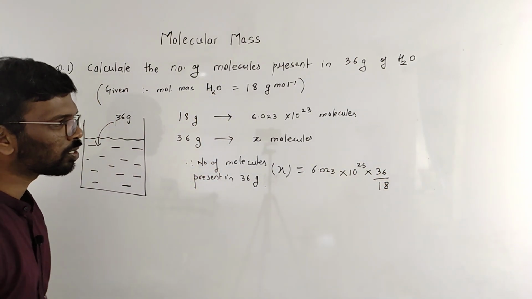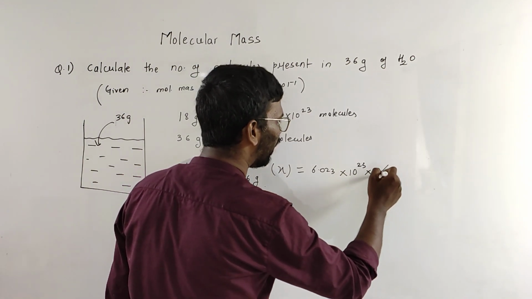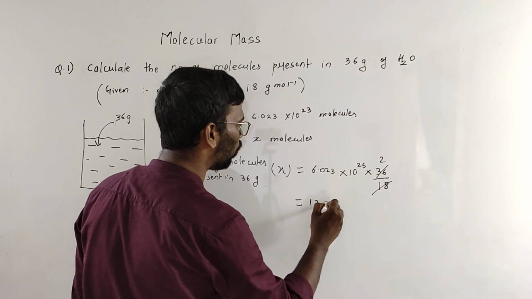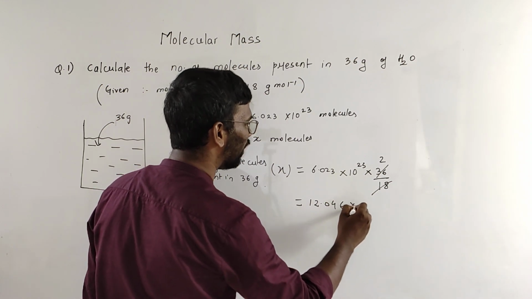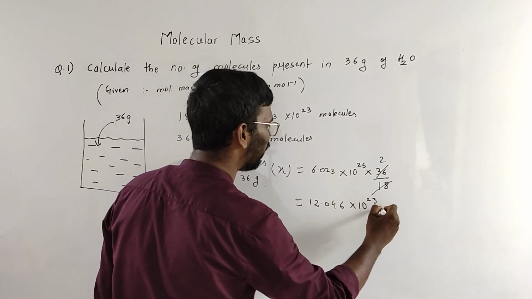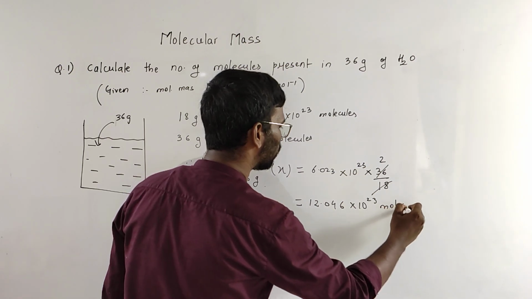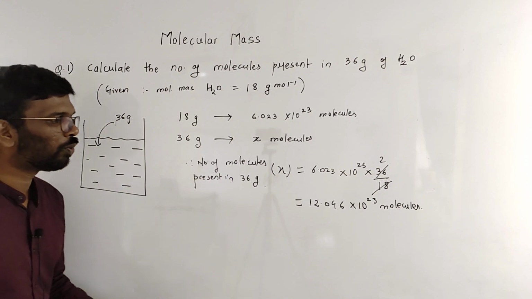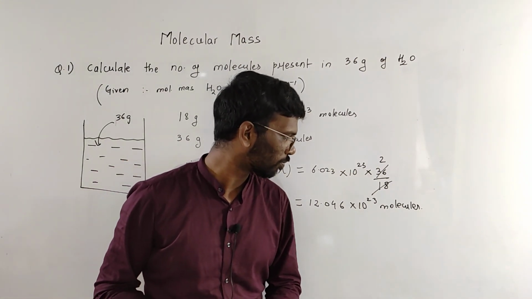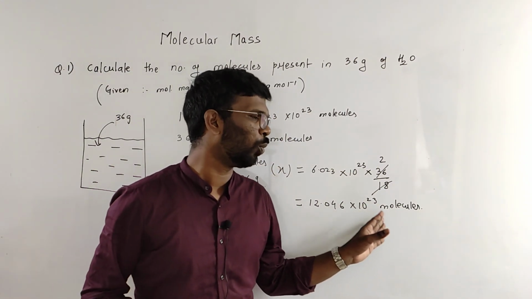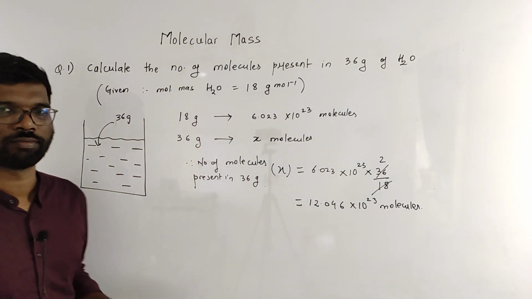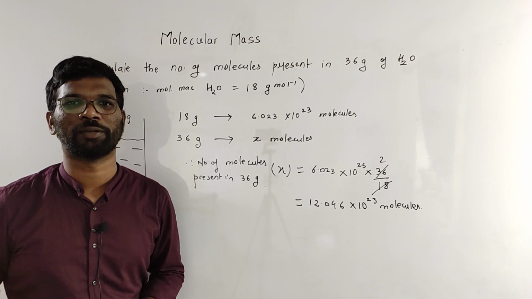So how much is this going to come to? 2 into 6.023, that is 12.046 into 10 raised to power 23 molecules. So there are 12.046 into 10 raised to 23 molecules in 36 gram of water, and it is that simple.